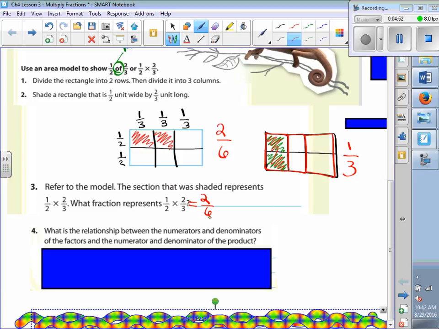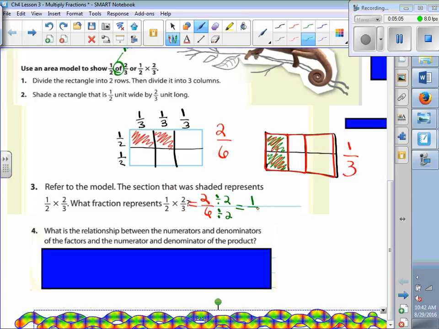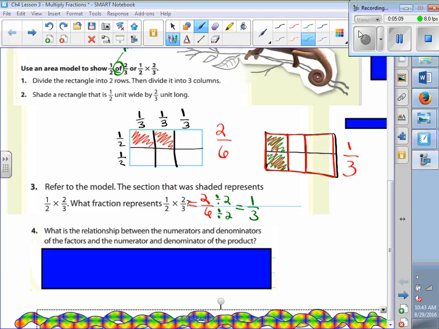And then, of course, in the end, we simplified by dividing. We divided by 2 here, and we divided by 2 there, and we simplified and got 1/3. We want to know what is the relationship between the numerators and the denominators of the factors and the numerators and the denominators of the products.